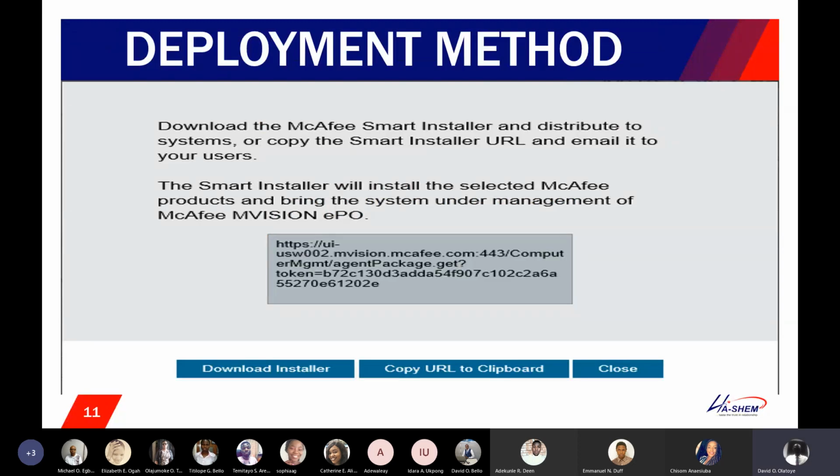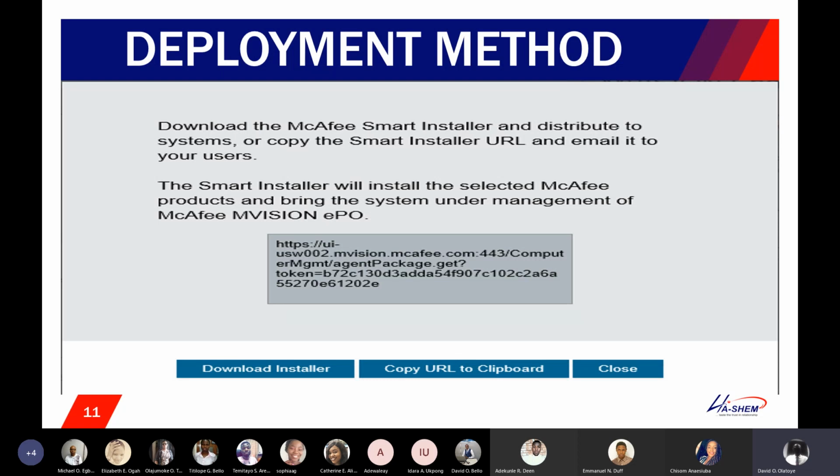To deploy this product on the client machine, when you log on to the dashboard, at the features part of it, you click on deployment. You select the type of machine you want to deploy, whether Windows, Mac or Linux. Then you select what you want to deploy to the machine, which is DLP. Once selected, you create or save.